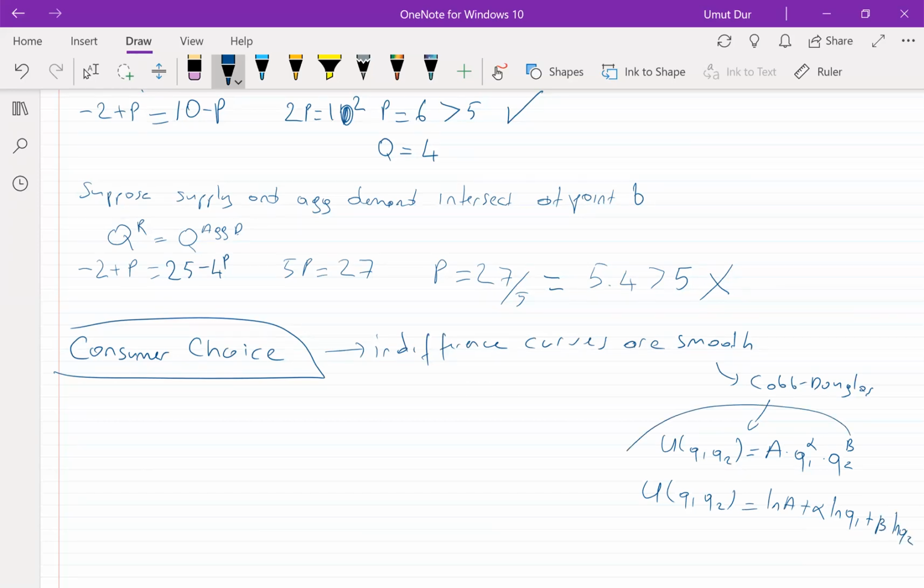Both of them represent the Cobb-Douglas utility function, which is smooth.